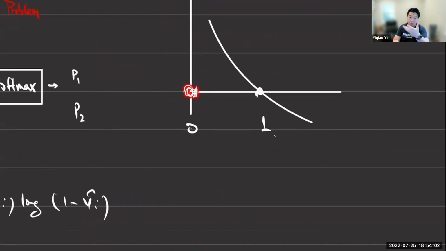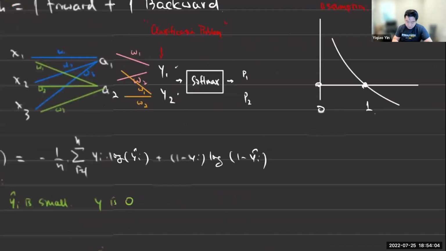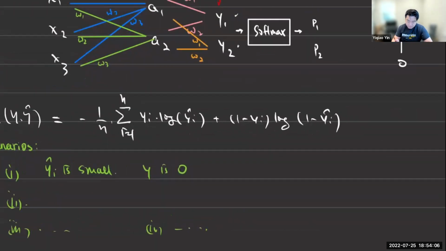So let's work out the math. Why is it a good job? So how do I know that's a good job? Okay. Well, let's work it out. I'm going to write like this. Right. So take a look at this. If y is 0, what will happen? Okay.